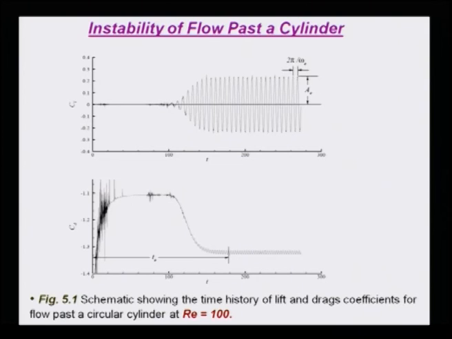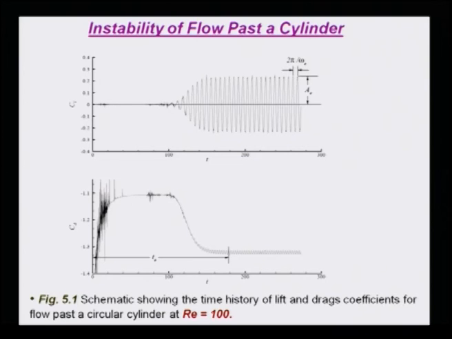And the drag coefficient initially, after the transient, reduces, then again increases. Please understand this is done on a negative scale. So, the drag increases, and the drag variation also gives a frequency which is not the same as the frequency for the lift.